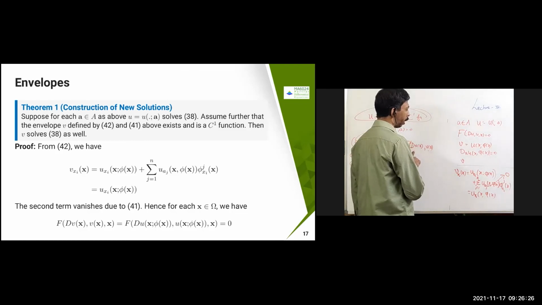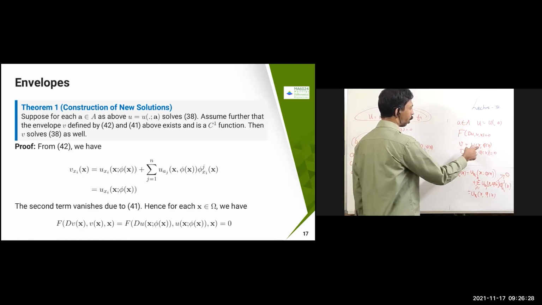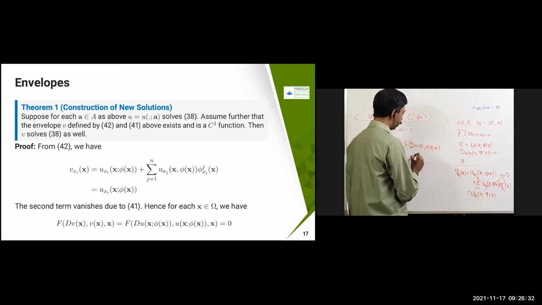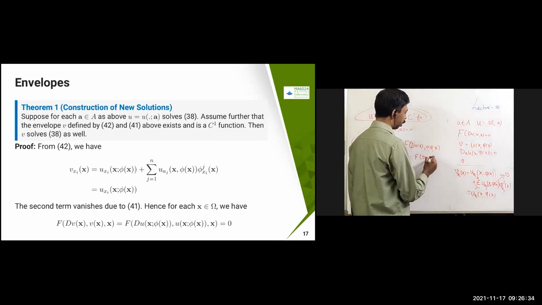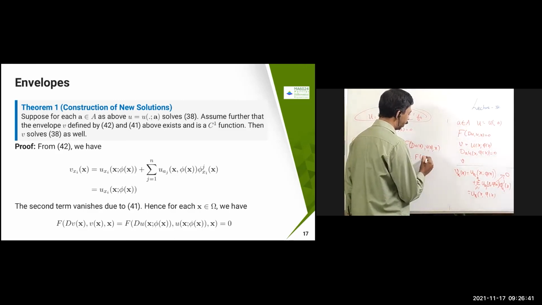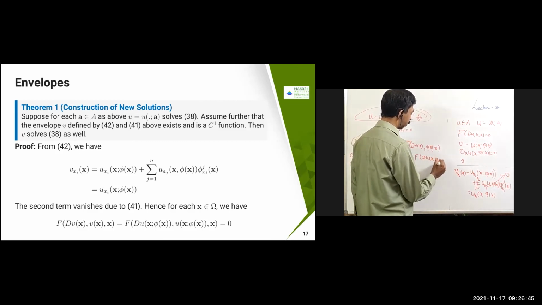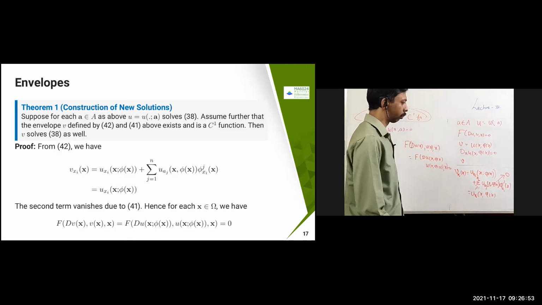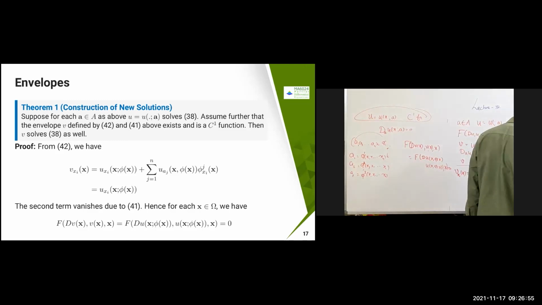It is going to be dv of x, and v is also u of x comma pi of x, so v of x is going to come. So it is going to be the same as f of du comma u comma x. So in fact I can write this as f of du of x comma pi of x, u of x comma pi of x, comma x equal to 0. So that's all. The proof is done.